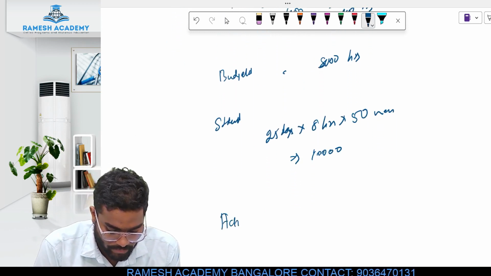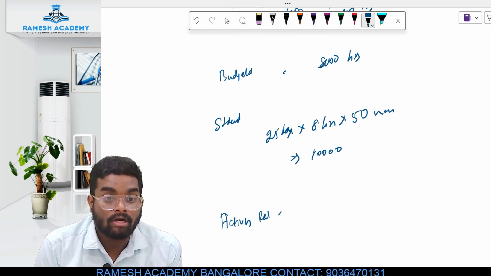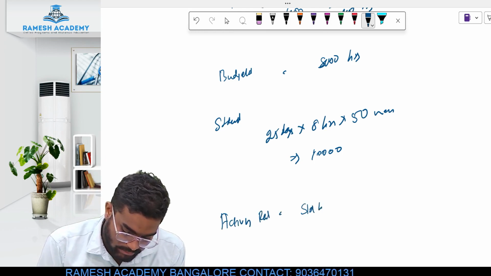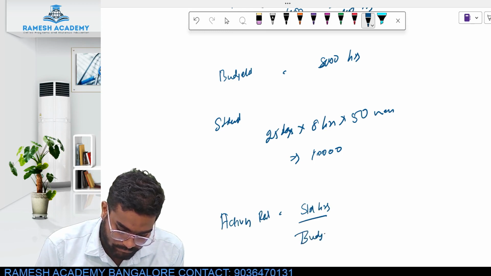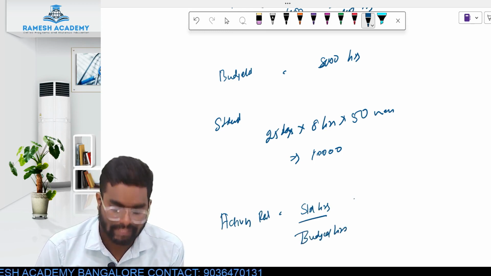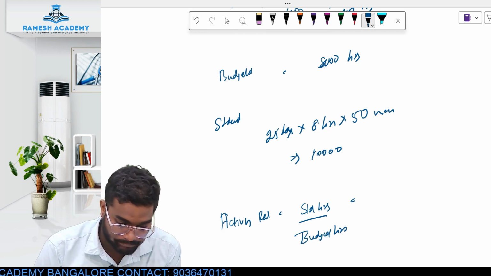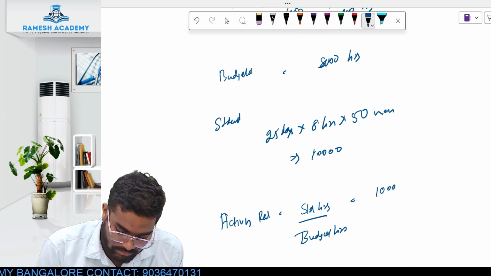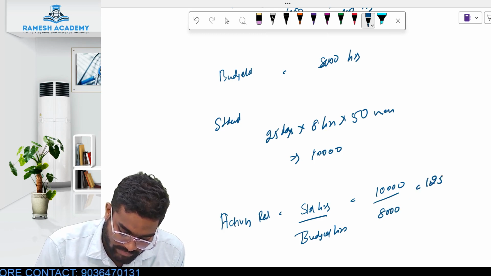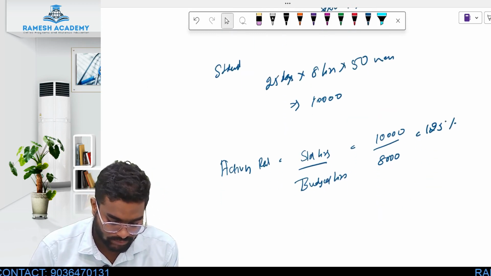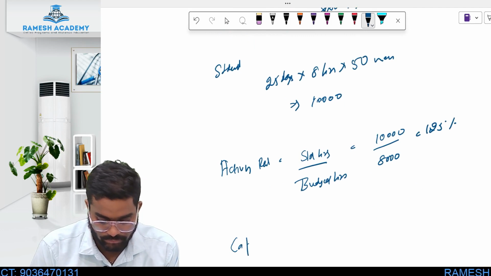So first we have the activity ratio. What is the formula? Standard hours by budgeted hours. So standard we have 10,000, budgeted we have 8,000, which comes to 125%. Next we will calculate the capacity ratio.